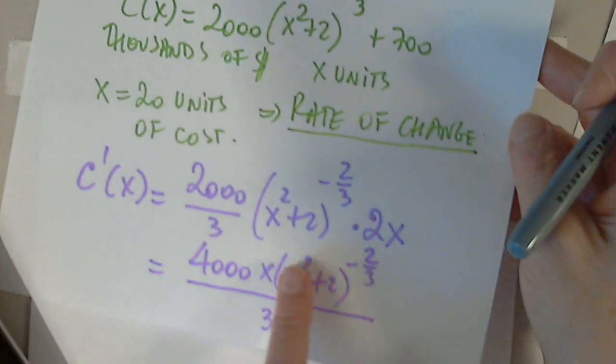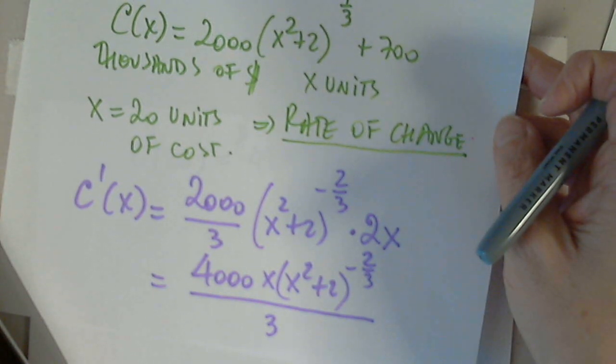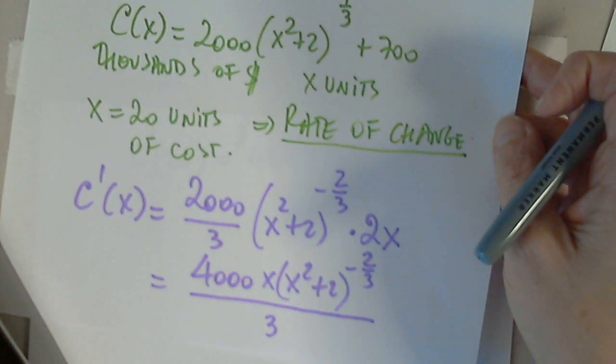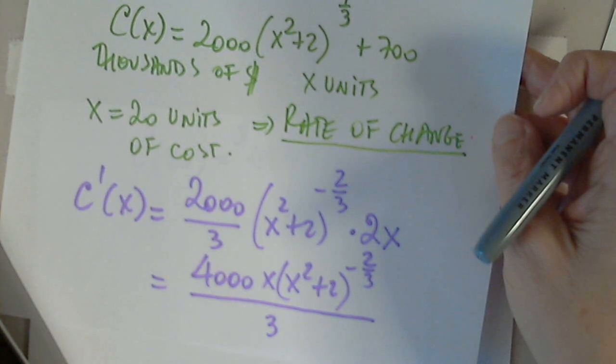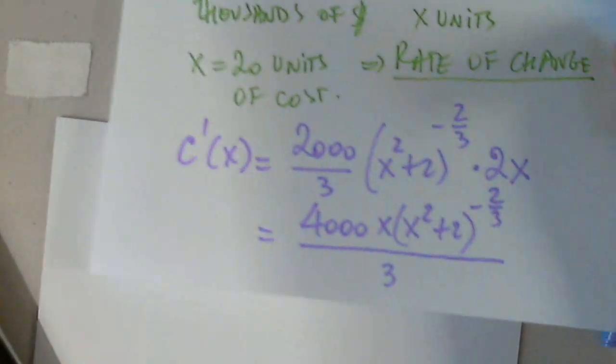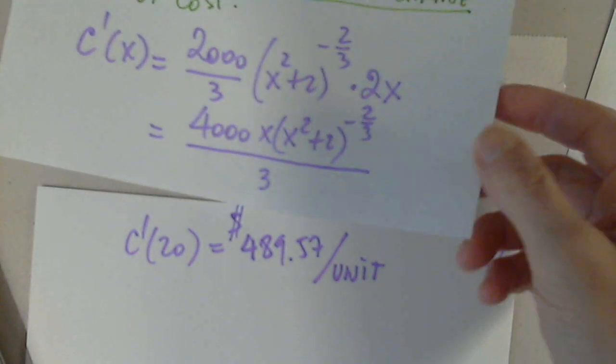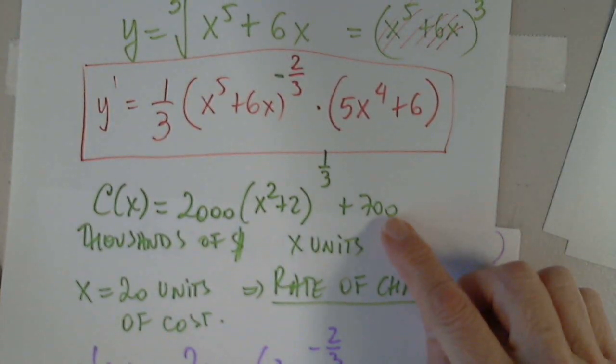Without the chain rule, we would not have known how to differentiate this function. Okay, so we don't do anything with the 700, is that right? Plus 700. The rate of change of a constant is 0.